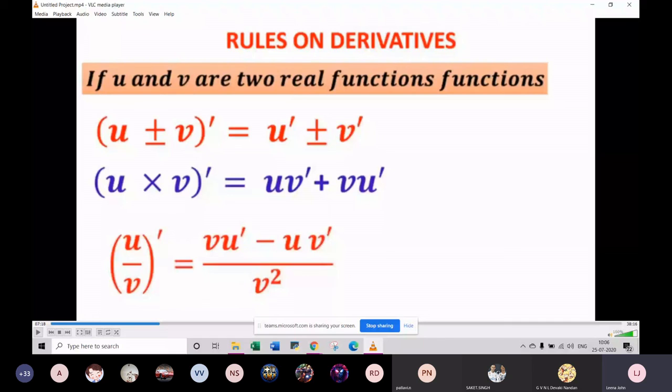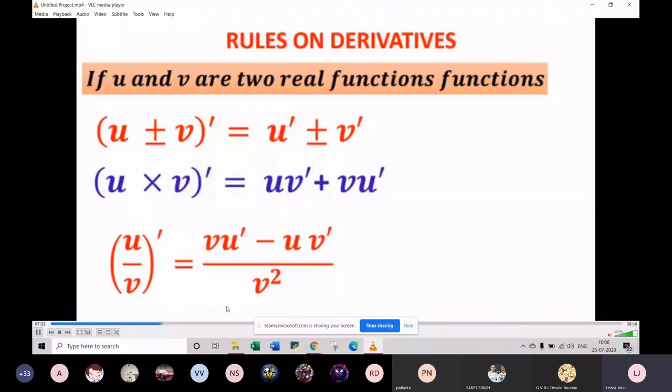Previous knowledge, you have to study and keep all the derivative formulas, so that we can start our lesson on composition of functions on Monday. Please recollect all this. It's the quotient rule. The last one is the quotient rule.